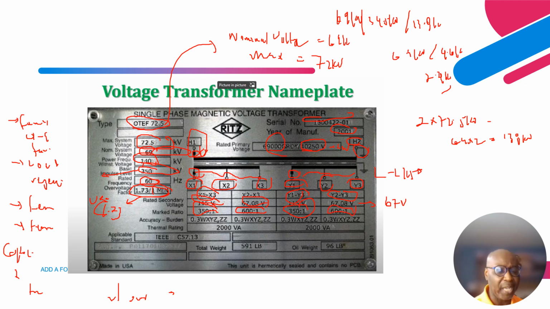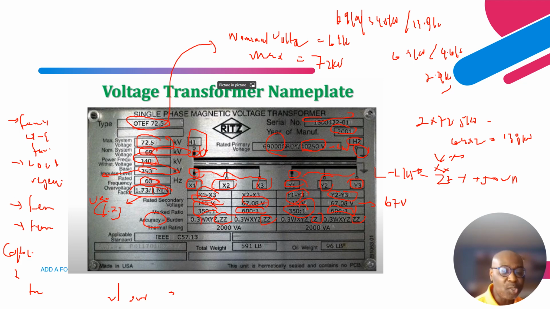Now let's talk about accuracy and the burden, right? So ZZ basically tells us the different burdens. We have different burdens, ZZ, XX, and YY. So they all have different typical burdens based on this notation. I think ZZ is probably about 50 VA or so.